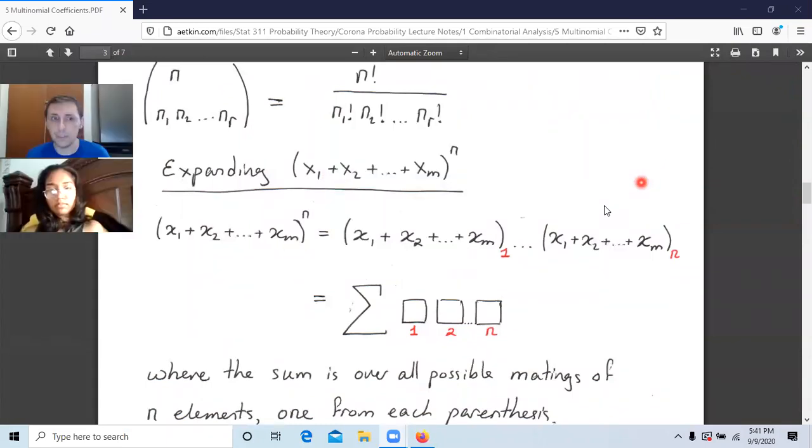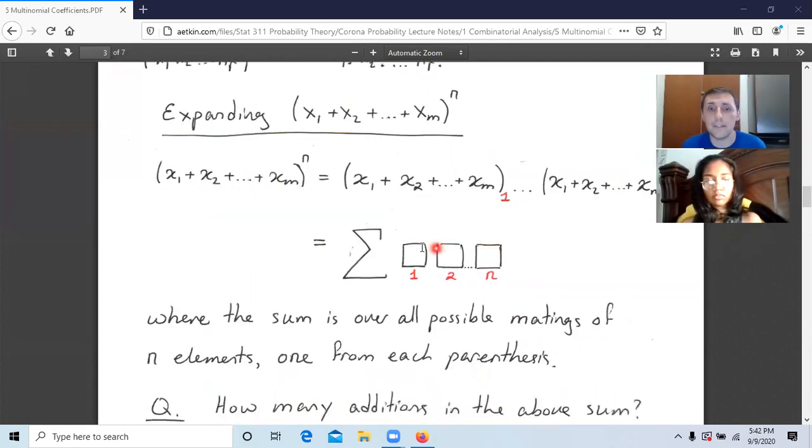And so the possibilities are clear. It's a summation over whatever was contributed from parentheses number 1, whatever was contributed from parentheses number 2, all the way to whatever was contributed from parentheses numbered n. Good?